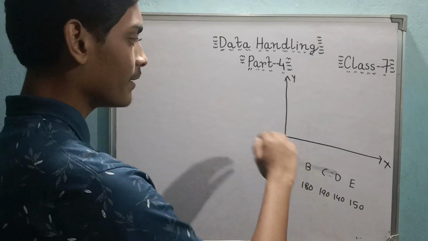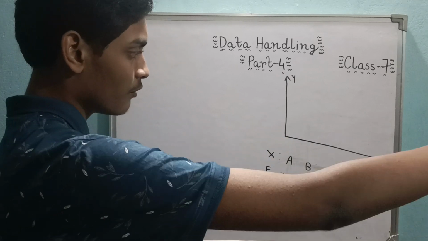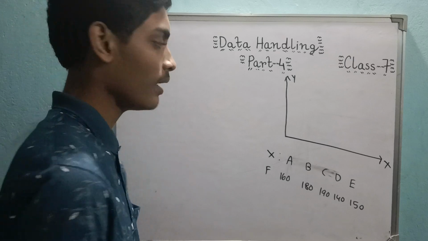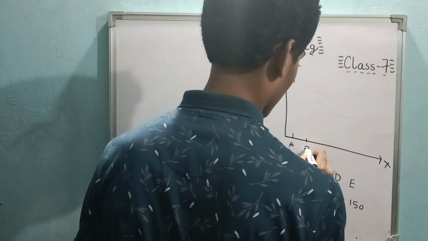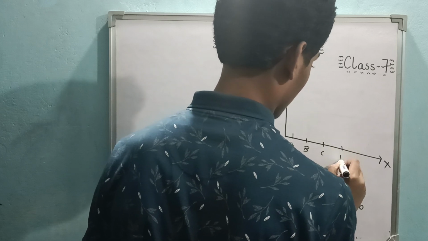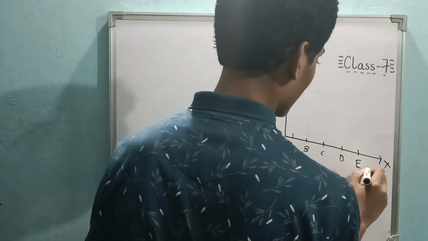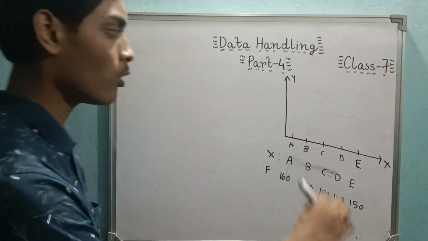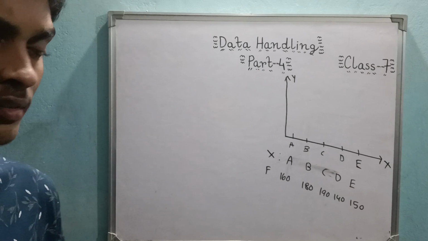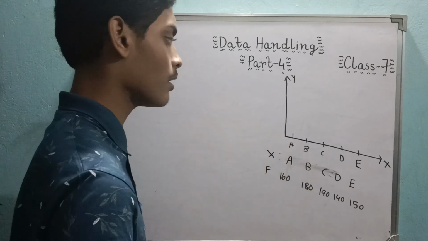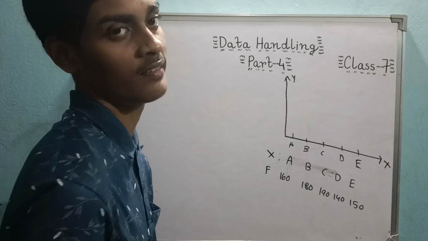Then my data values are written along the x-axis, just written linearly. And what do you do on the y-axis? The frequencies of the data values are mentioned on the y-axis. How?